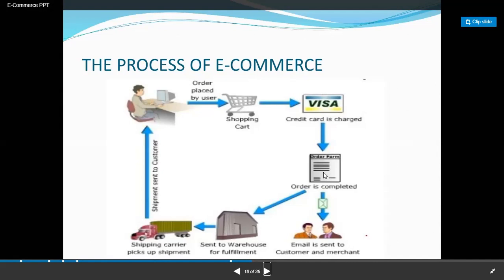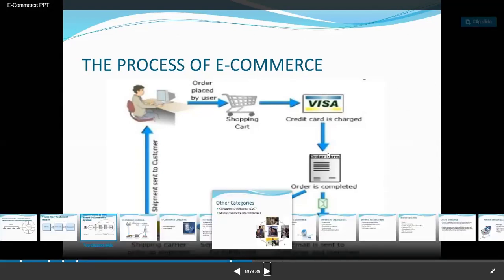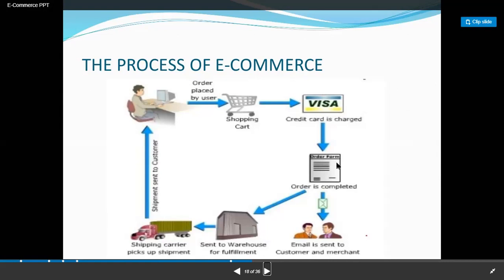Your order is accepted. Then an email is sent to the customer and the merchant that you have ordered something. Then it is sent to the warehouse for the fulfillment of your particular order.